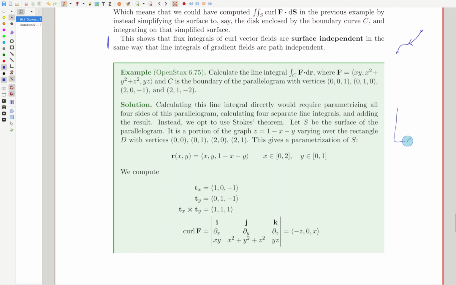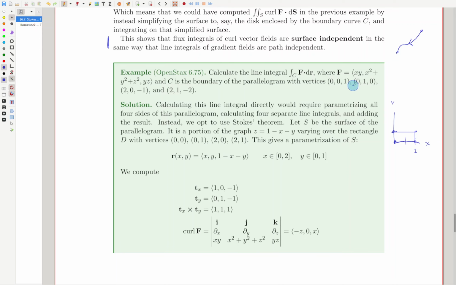Let's say we're working in the xy plane, with x here and y here. Z will be somewhere, but I'm not going to illustrate that right now. 2 here and then 2 comma, oh no, that's wrong, it's 1 comma 2 and 0 comma 1 comma 2.